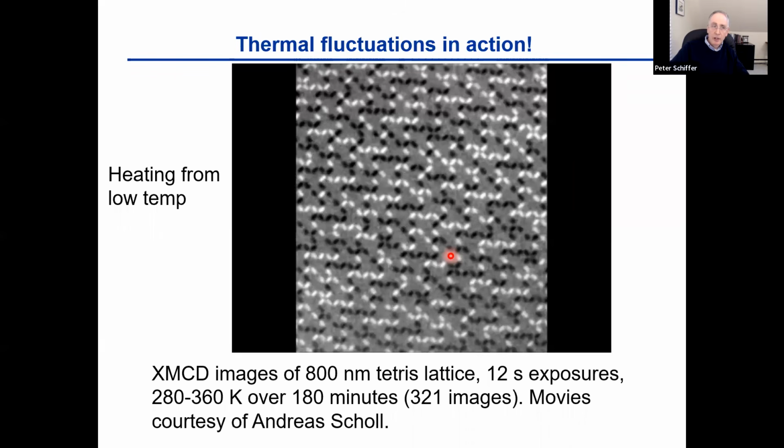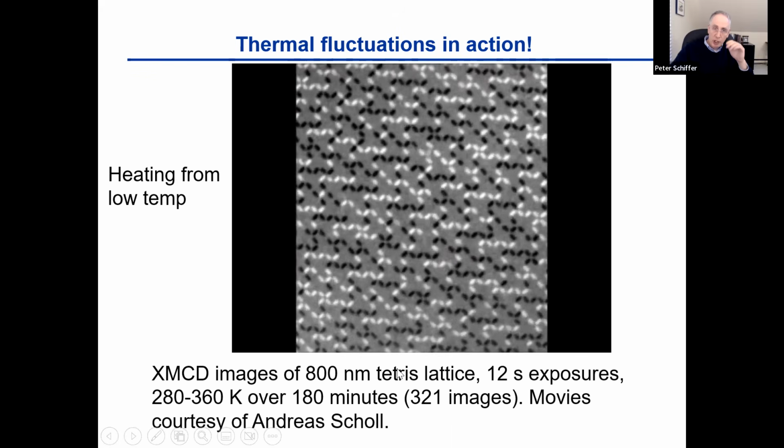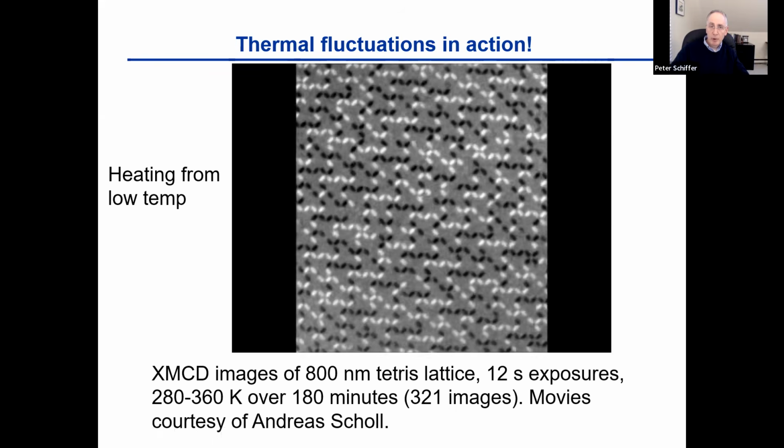And hopefully the movie will work, you can actually make a movie of these fluctuations. So this is just a bunch of images, actually. Andreas Scholl, who was helping us out at the ALS, took a bunch of images during warming.